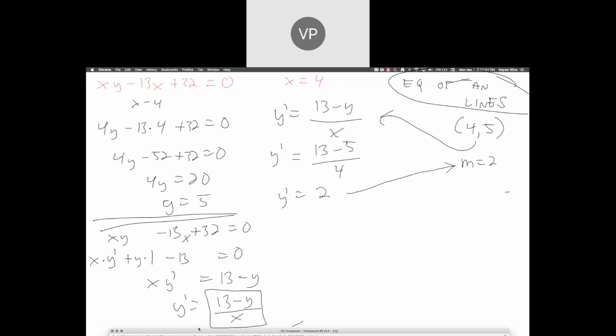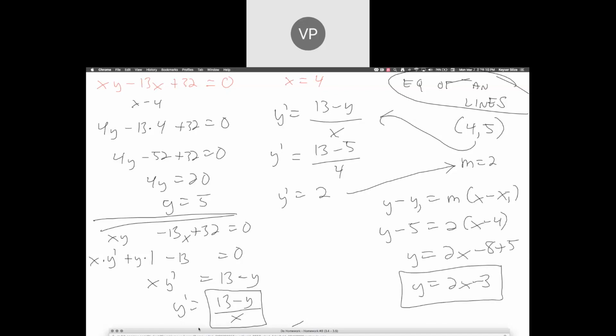And then last, we use these 2 bits of information to plug into the point slope formula. y minus y1 equals m times x minus x1. y minus 5 equals 2 times x minus 4. y equals 2x minus 8 plus 5, so it looks like we get y equals 2x minus 3. There's the equation of the tangent line.